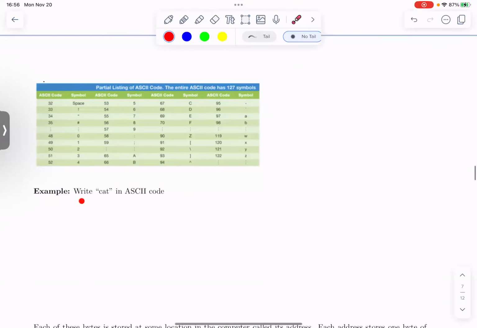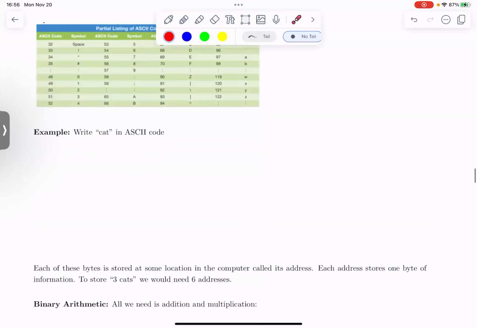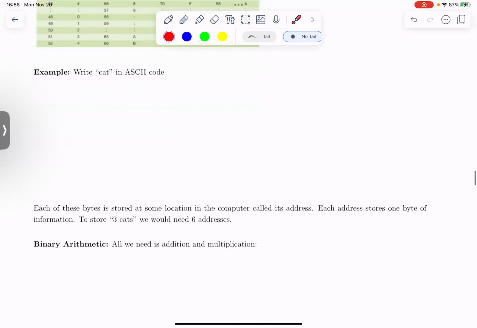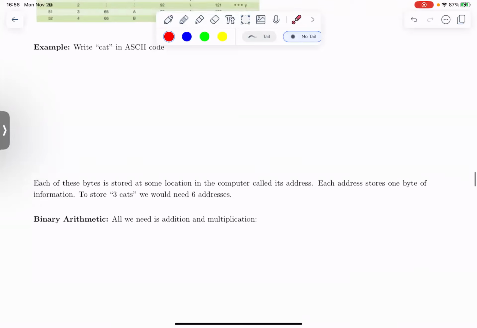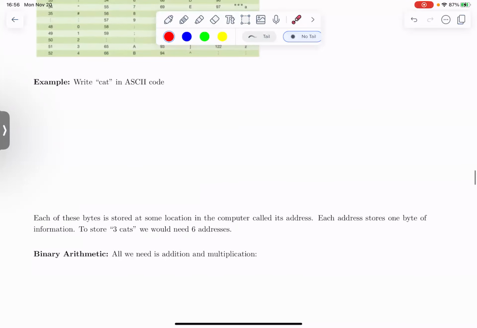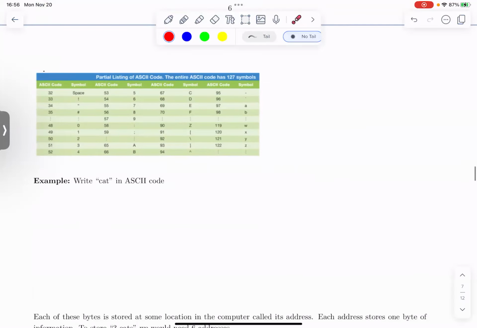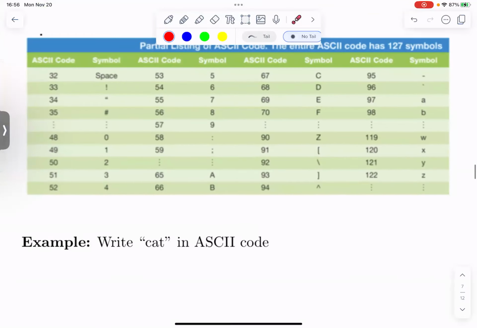ASCII. I was going to get you to write cat in ASCII, and then convert it to binary. Do you have to add all the numbers or just write them? You have to add all the different ASCII codes. You can go over ASCII.